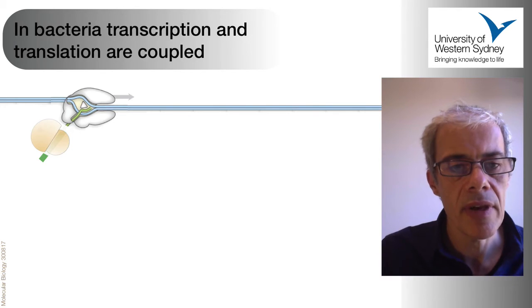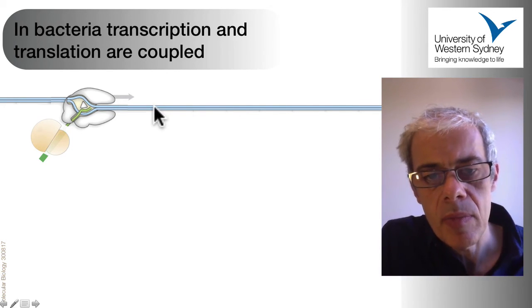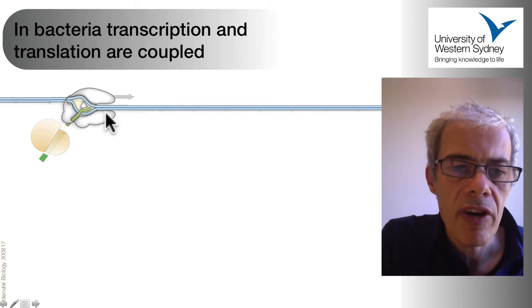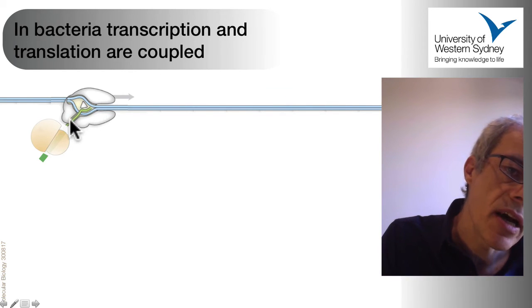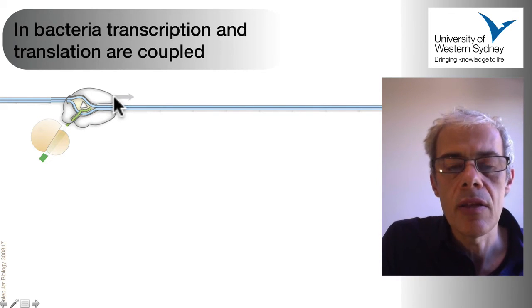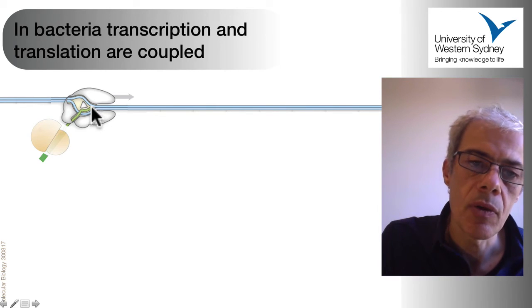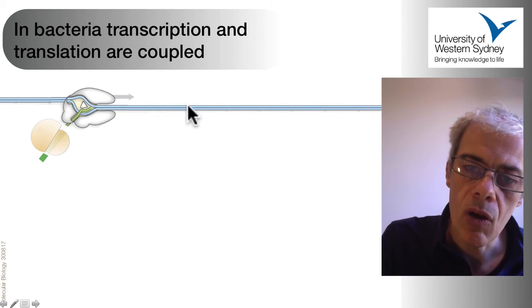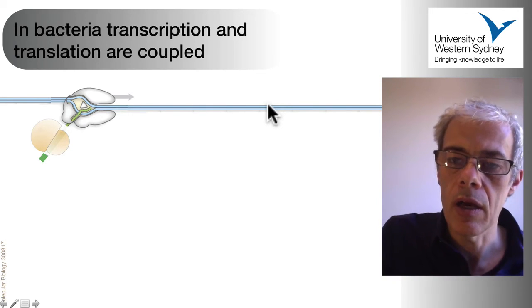And so what we have here is the blue double line, our double-stranded DNA. The RNA polymerase is bound. Here's our open conformation. And this green line here is the messenger RNA. So this is showing that in prokaryotes, the ribosome is bound to the messenger RNA as the messenger RNA is being transcribed. So the polymerase has to run a lot further to transcribe the entire messenger RNA.